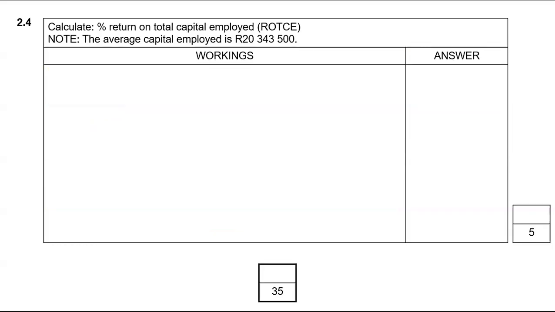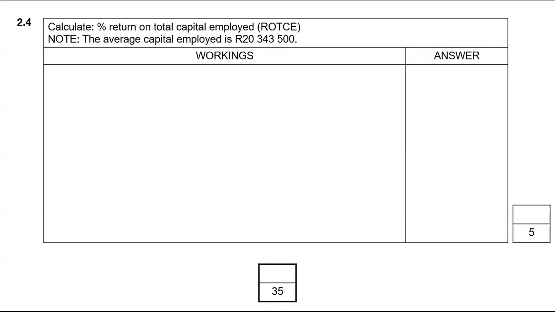Let us move to the next part. We need to calculate the percentage return on total capital employed. They gave us the average capital employed, which is 20,343,500, which is good that they gave it to you. Because this ratio has two formulas, initially I used the end of the year until I noticed that they gave us average capital employed.